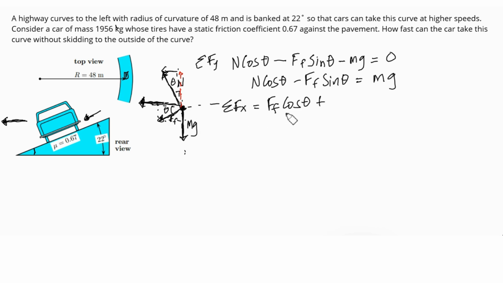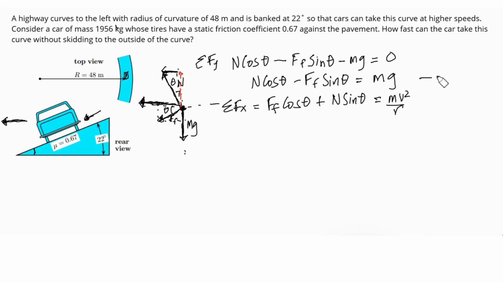So anyway, the sum of the forces in the x direction, we have this component of friction over here, plus this component of the normal force, which is n sine theta. These two are the two forces that are creating this net force, which is going to be the centripetal force, so this must equal mv squared over r.